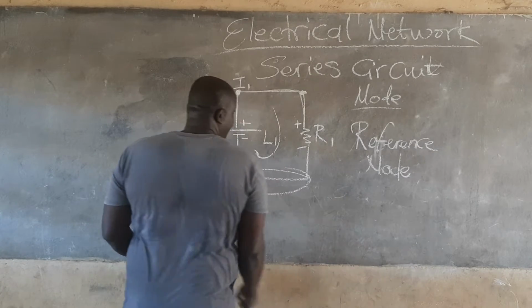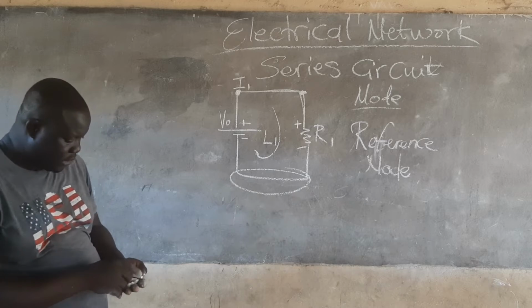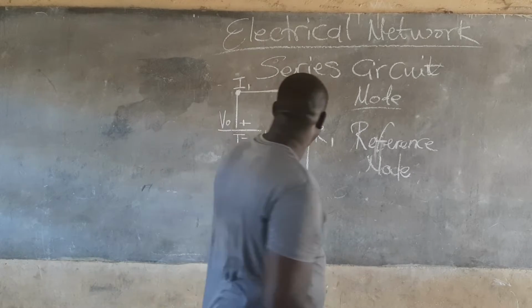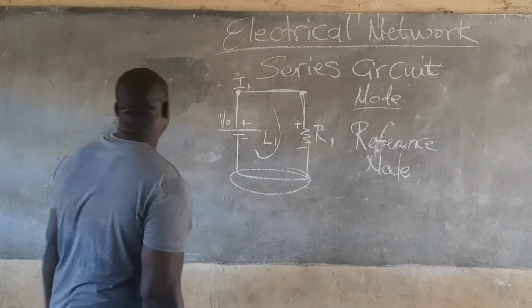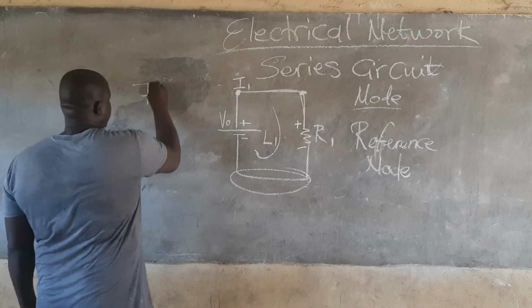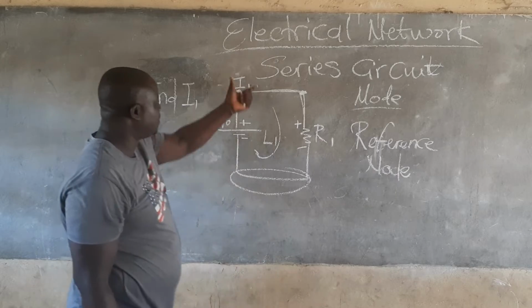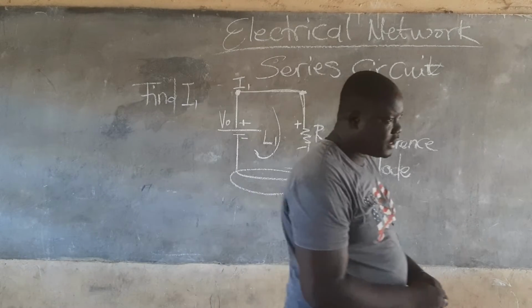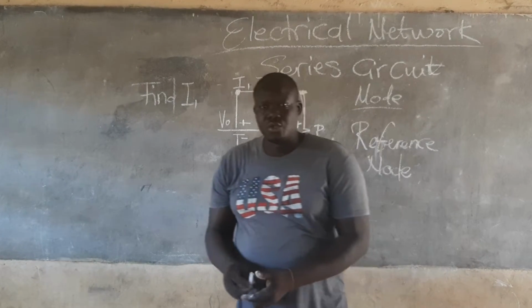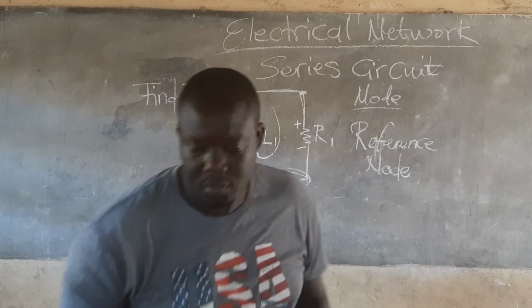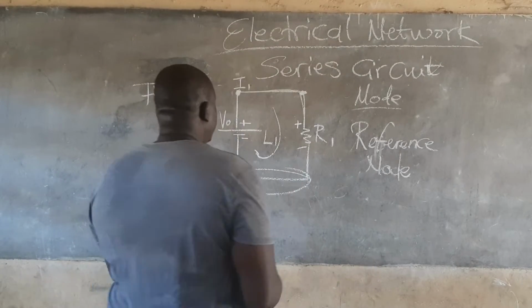Now our point of intention is to find the current. We want to find I1, and we don't know what I1 is. So we need to use an algebraical equation to find I1.